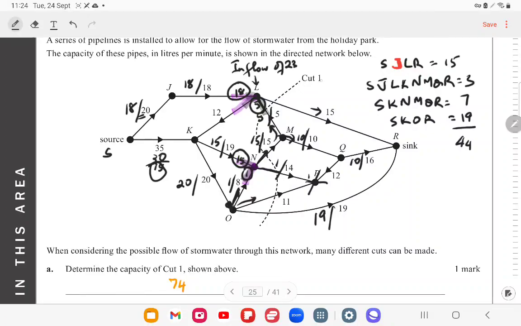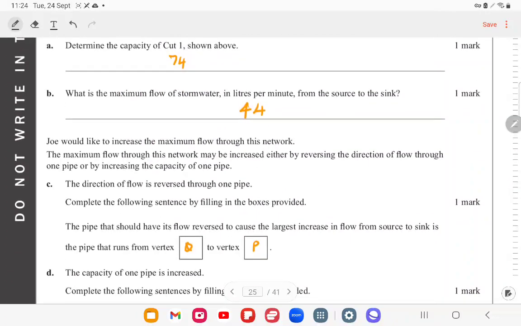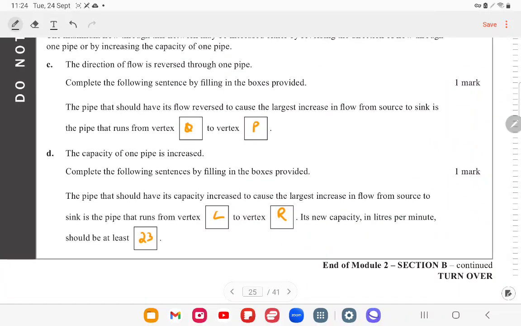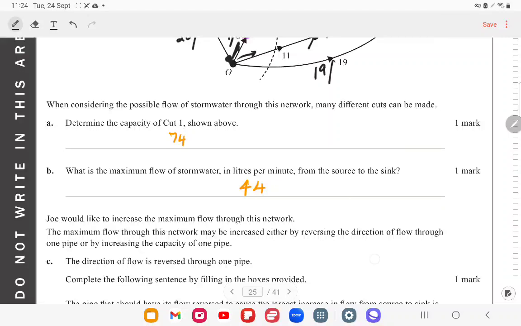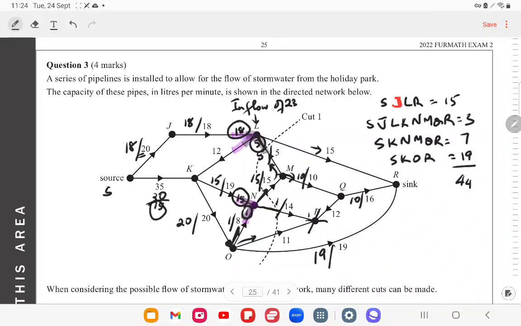So if I was to increase the flow from source to sink, I should increase the pipe that runs from L to R, and its new capacity should be at least 23. This should be at least 23 in order to accommodate this inflow and increase the total maximum flow from the source to the sink.